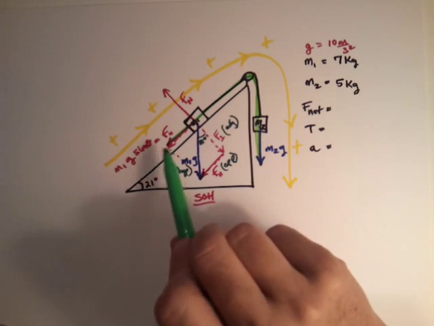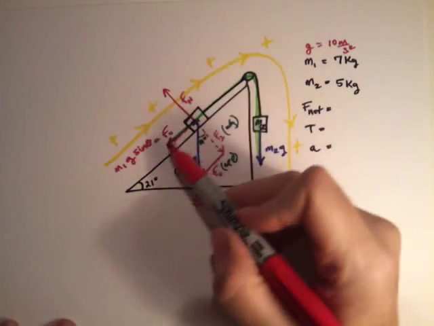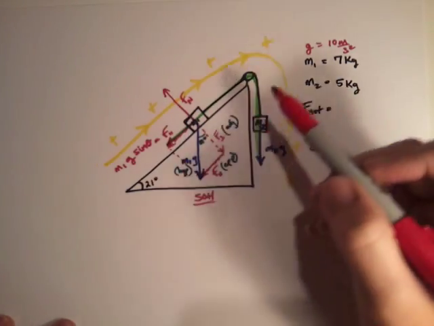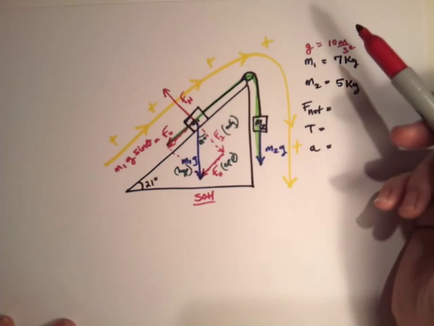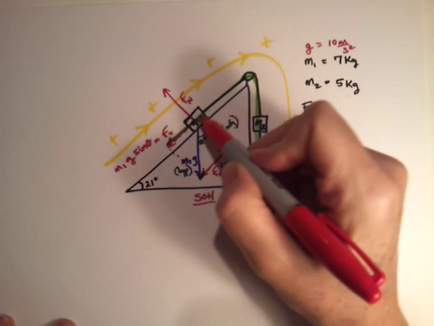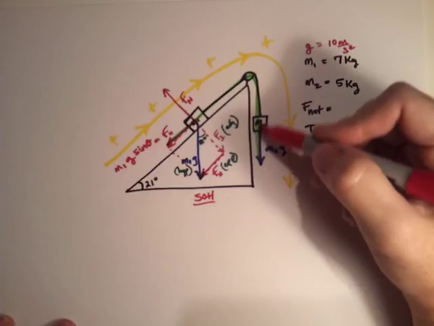Now, something that we didn't put in yet, and hopefully you recognize that I didn't put it in yet, is that we have tension in this rope. Now it's one rope, so we just have one tension. The mass is pulling the object this way, the mass is pulling the object this way.